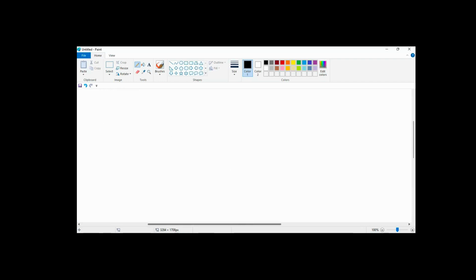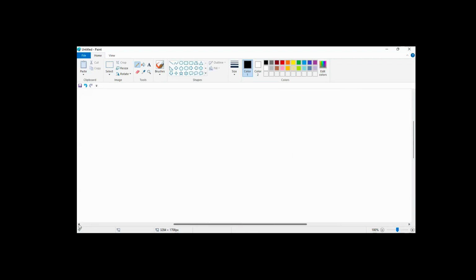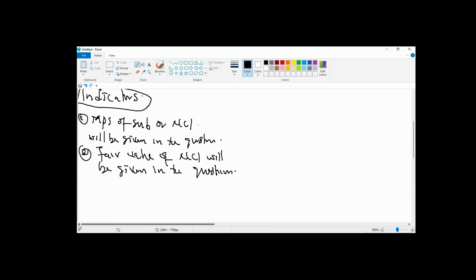Fair value of NCI, 76.5. No thinking is required. The question will just say it is the group policy, and the fair value of NCI is 76.5. So I will just put 76.5. That is the second one.